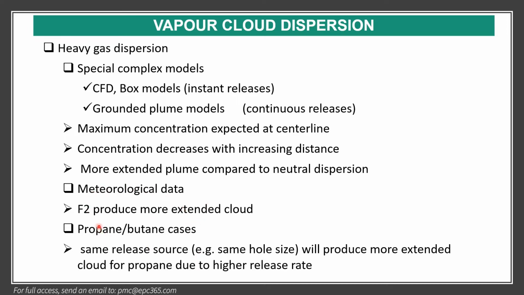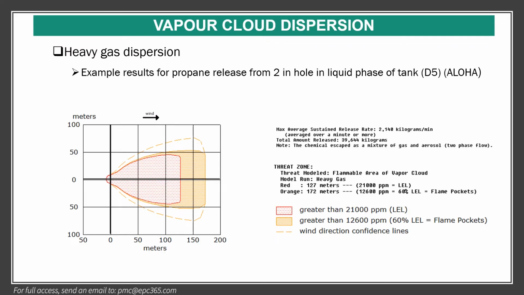Meteorological data F2, stability class F and wind speed 2, produce a more extended cloud. In propane and butane cases, with the same release sources and hole sizes, propane will produce a more extended cloud due to the higher release rate.